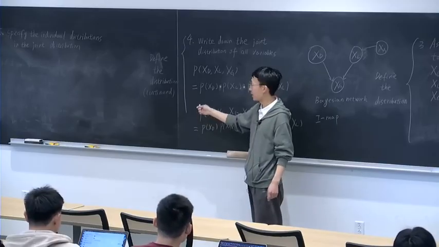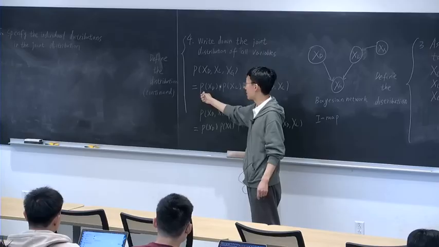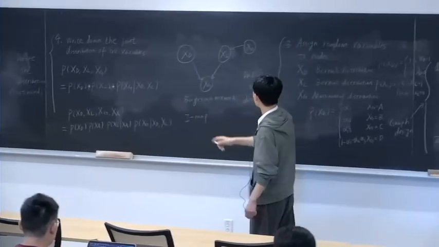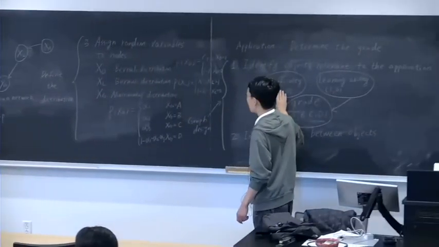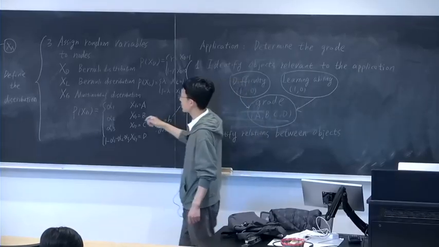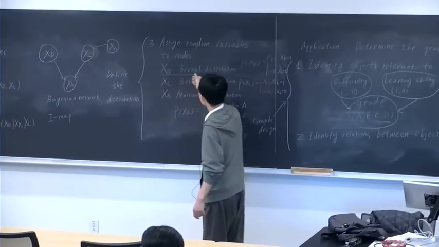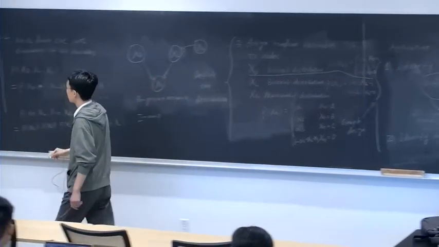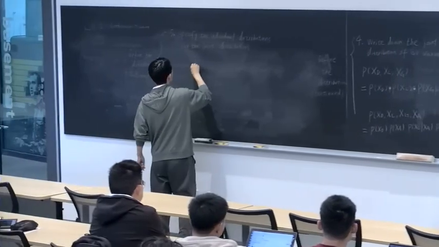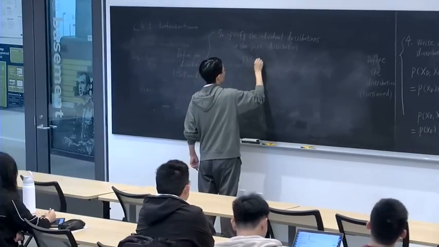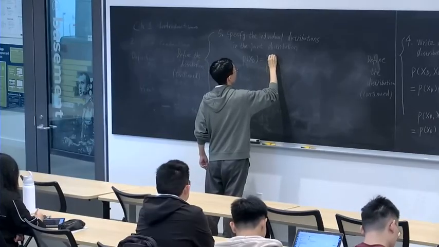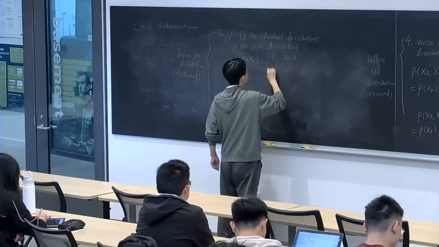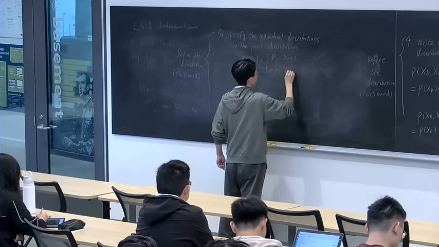After you write down this joint distribution, it is a product of the individual distributions. Now we need to specify what these distributions are. I already did some here. For p(xd), because it is a binary variable, we use a Bernoulli distribution to model xd. So p(xd) equals gamma if xd equals 1, and 1 minus gamma if xd equals 0.